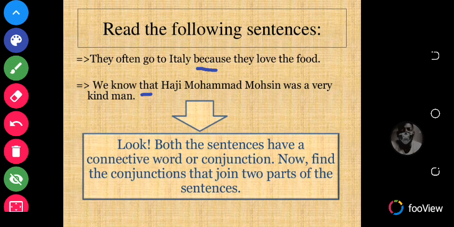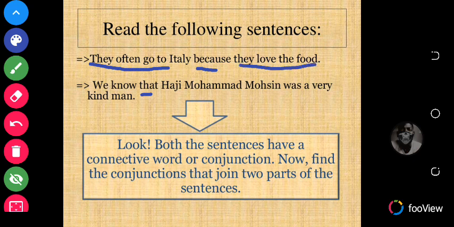Now, when you take a critical look at sentence 1, you realize that it is made up of two different sentences. The first one is they often go to Italy, and then the second one is they love the food.